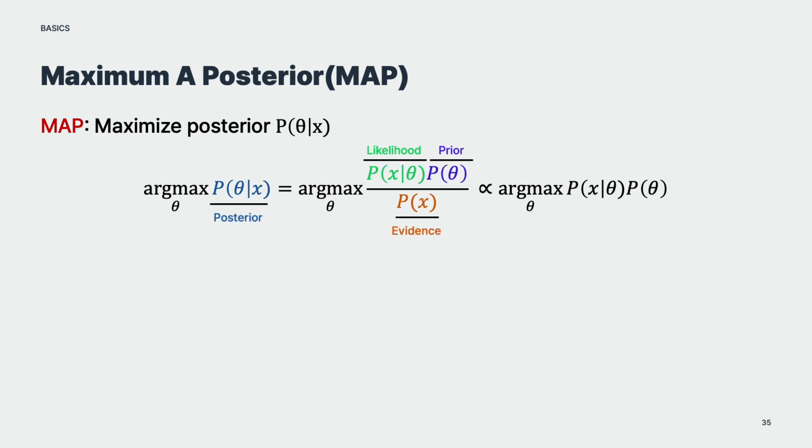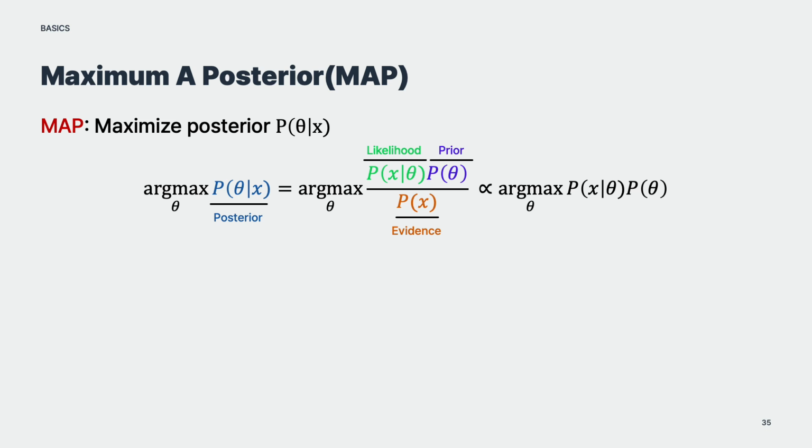In MAP, what we aim to maximize is the posterior p of theta given x. This posterior consists of the numerator, which includes the likelihood p of x given theta, and the prior p of theta, which encodes our belief about the parameters before seeing the data.